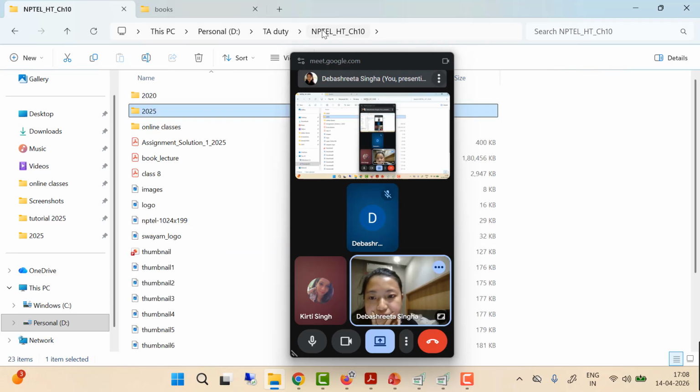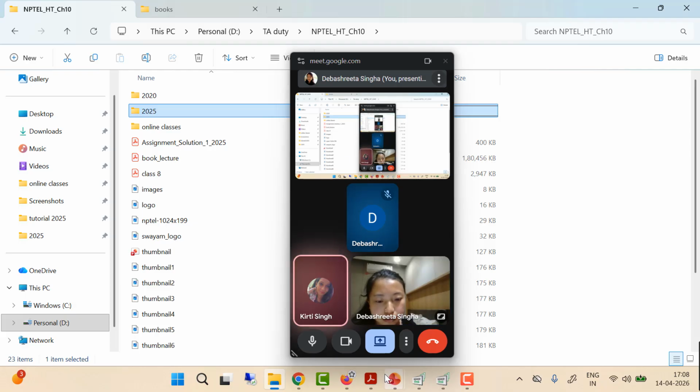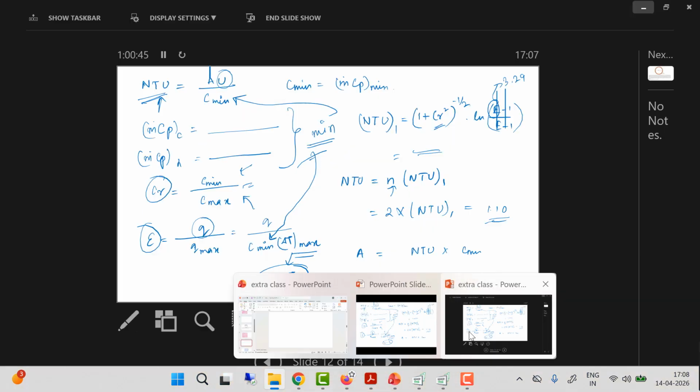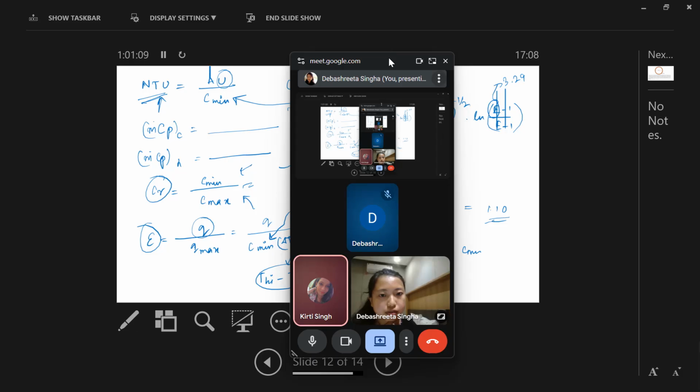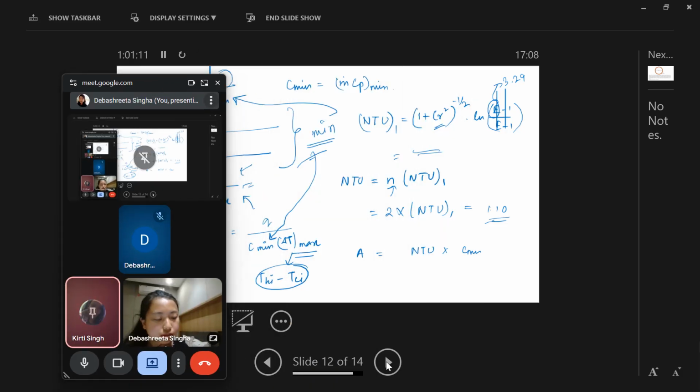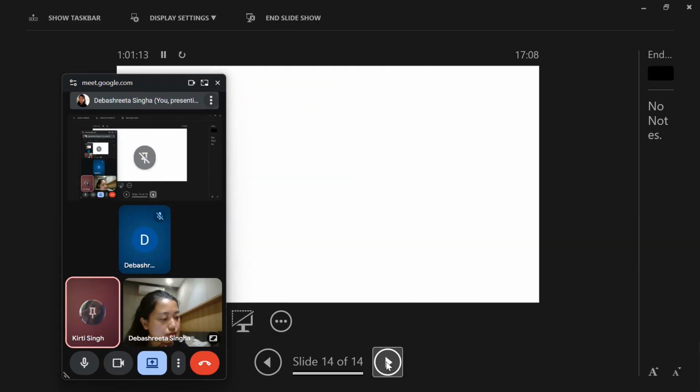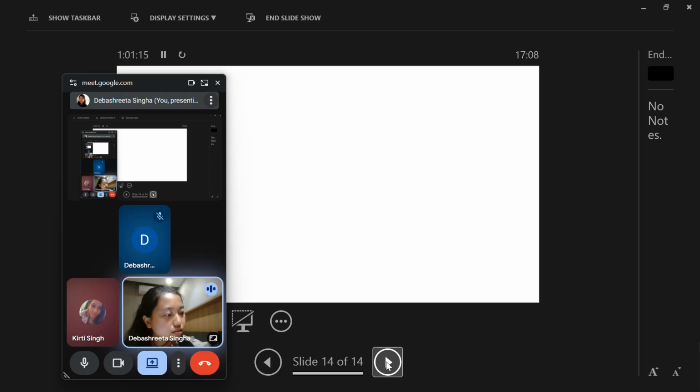So there will be some in conduction. There will be some resistances problems. You'll get some problems like this, some like this, and some maybe like this. So these are resistances problems.